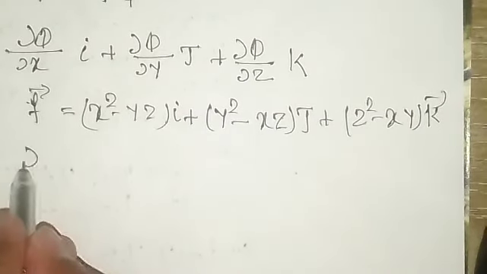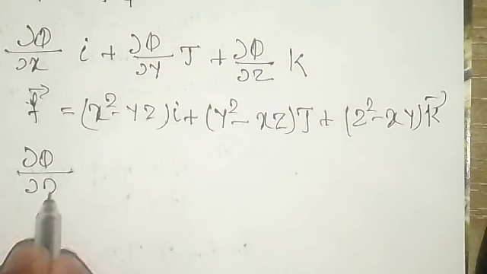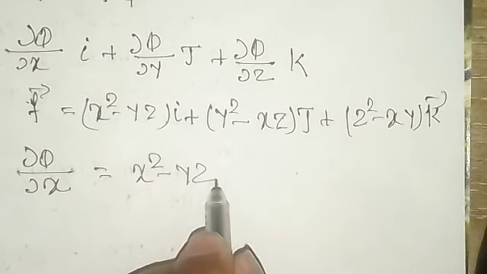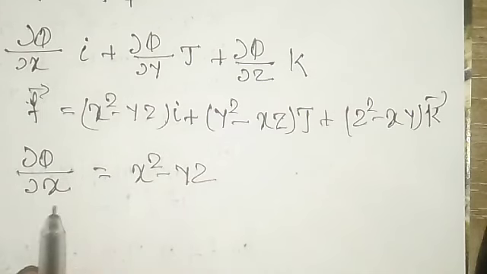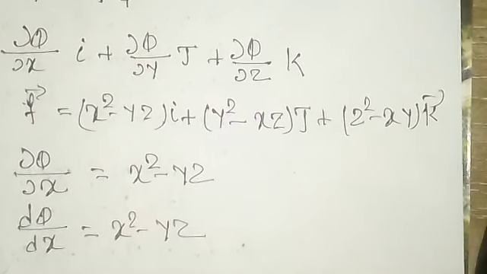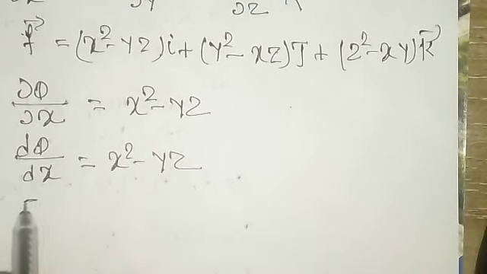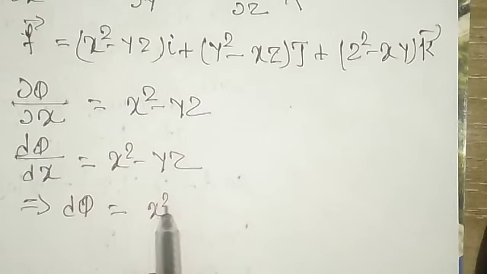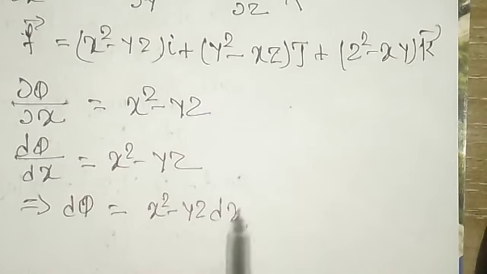So first we can say ∂φ/∂x is equal to x² minus yz, right? So you can write down like that also, that is dφ/dx is equal to x² minus yz. To simplify this, what I'll do, you can integrate. So dφ is equal to (x² minus yz) dx, right?